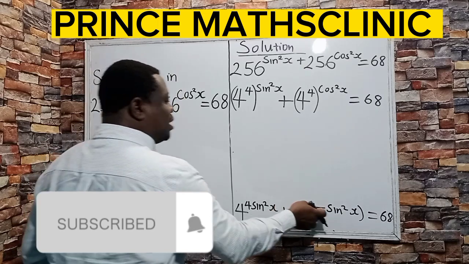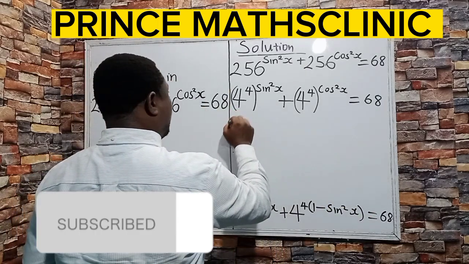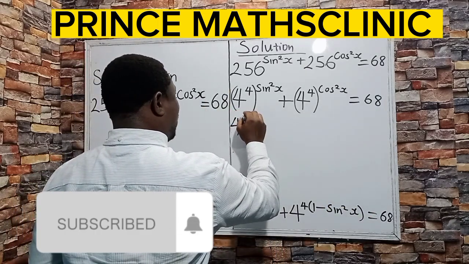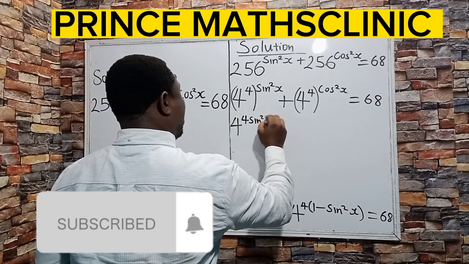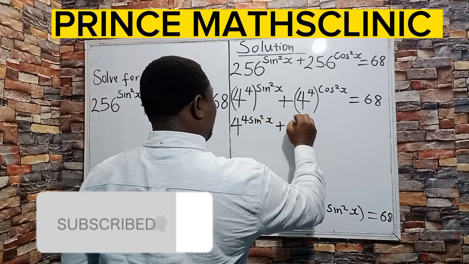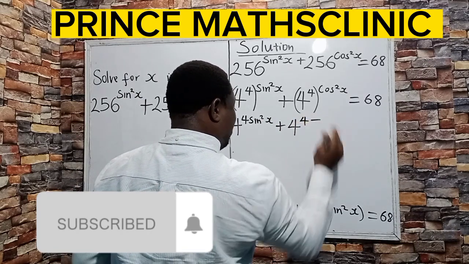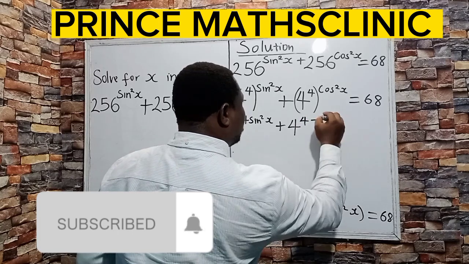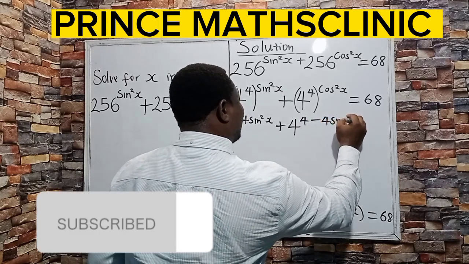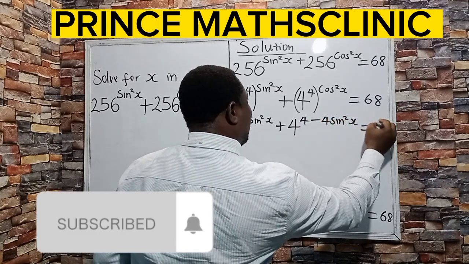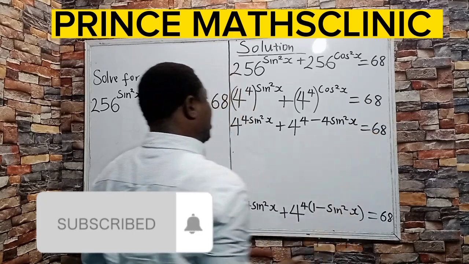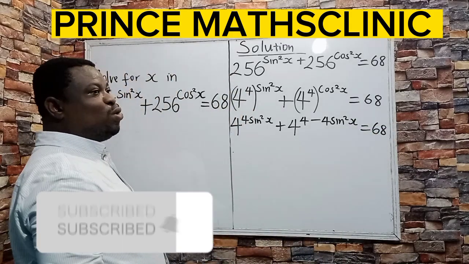Now, I want to expand the power here. So this becomes 4 to the power of 4 sine square x plus 4 to the power of 4 times 1 is 4, then minus 4 times sine square x is 4 sine square x, all equal to 68. What's the next thing to do?